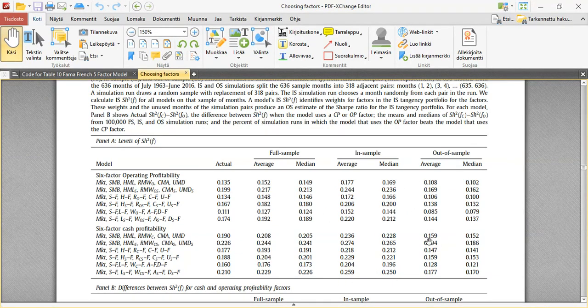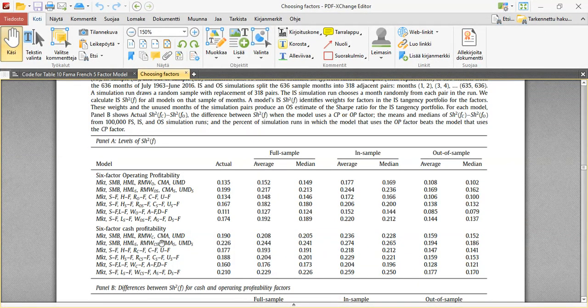But if we compare the out-of-sample maximum squared Sharpe ratios of the six-factor model using cash profitability, either using all stocks or small stocks, we see that 0.159 is higher than 0.108 and 0.194 is higher than 0.169. So also if we use the out-of-sample simulation, the results are the same.